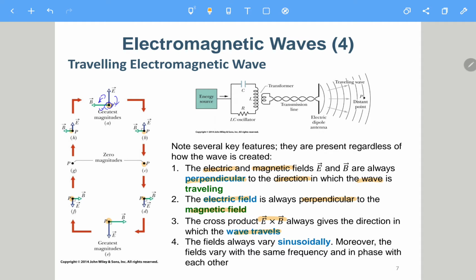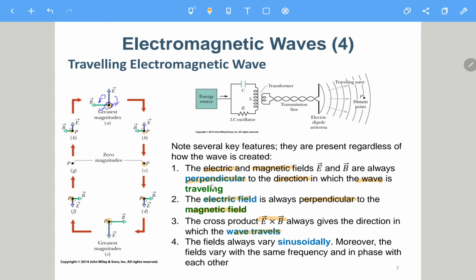Likewise, when E is pointing downward and B is pointing to the right, E cross B gives a thumb pointing out of the page. So when the E field points upward, the B field points to the left, and when the E field points downward, the B field points to the right, the direction of the wave is out of the page. It must satisfy the right-hand rule.